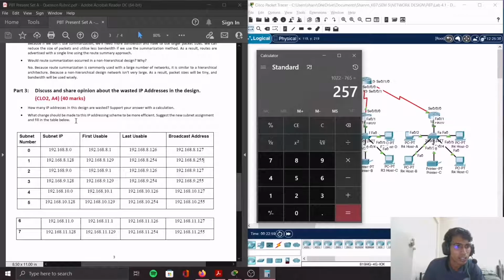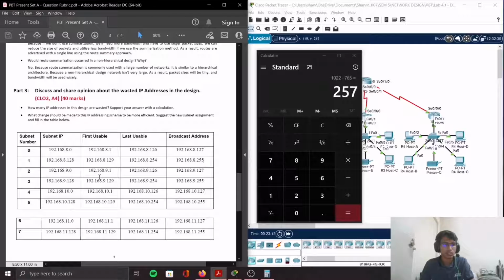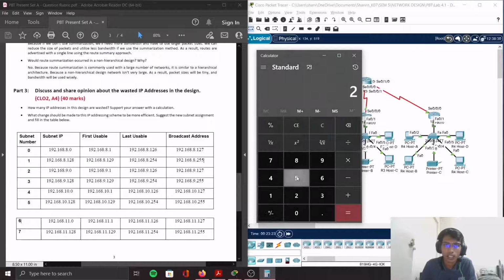Second, what change should be made to this IP address scheme to be more efficient? Suggest the new subnet assignment and fill in the table below. I suggest a new way: we add two new subnets. The two new subnets require 255 each, the same as usual per two subnets we have created.